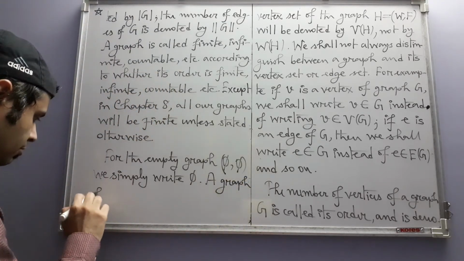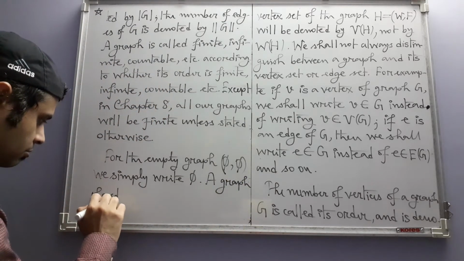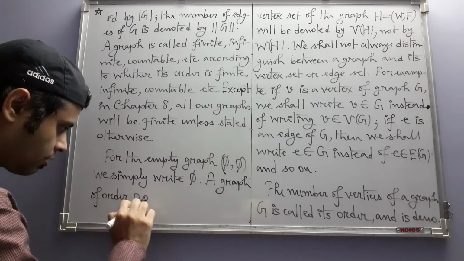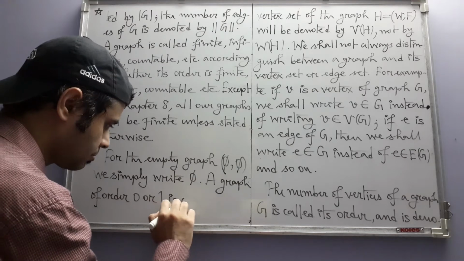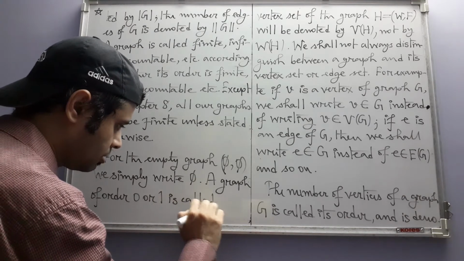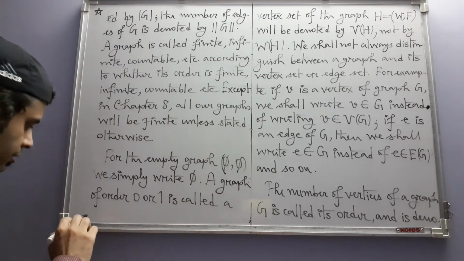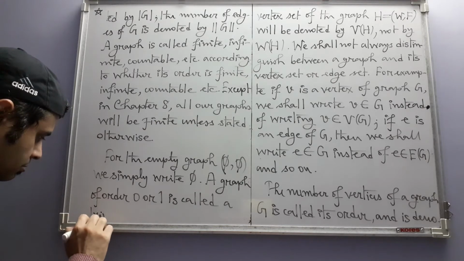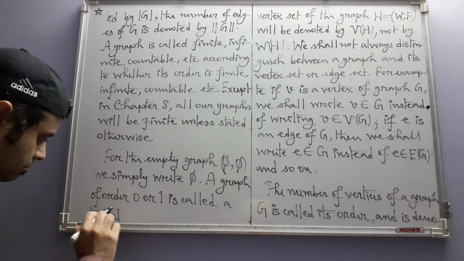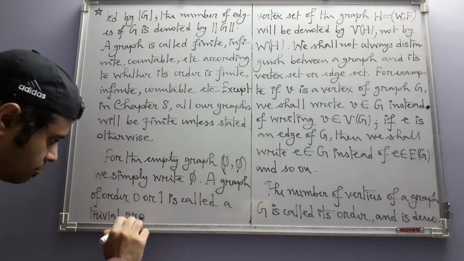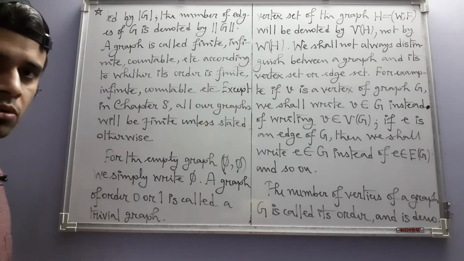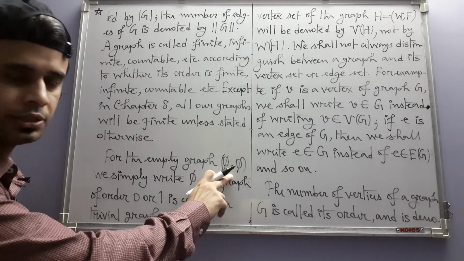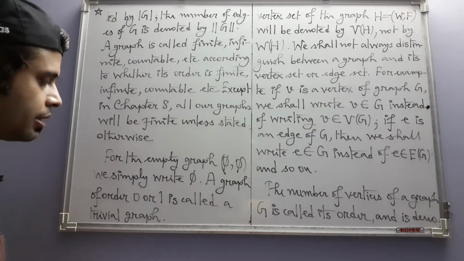A graph of order 0 or 1 is called a trivial graph. So if a graph has no vertex at all, which is this case, then it is called a trivial graph.